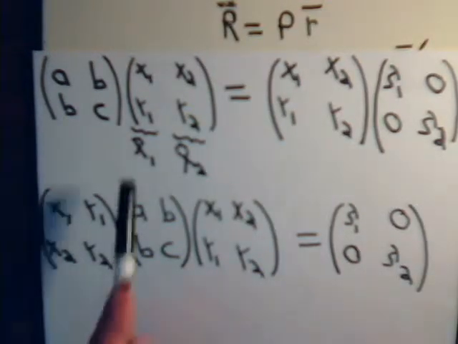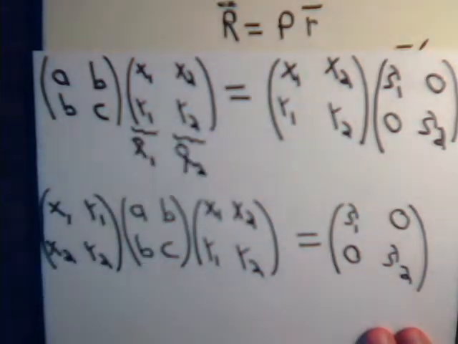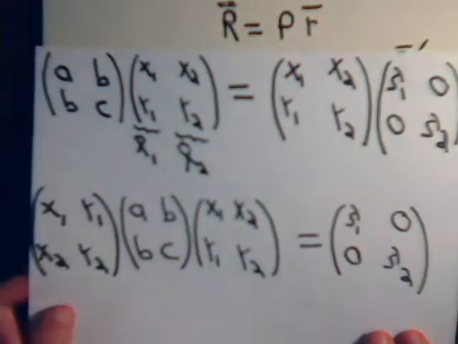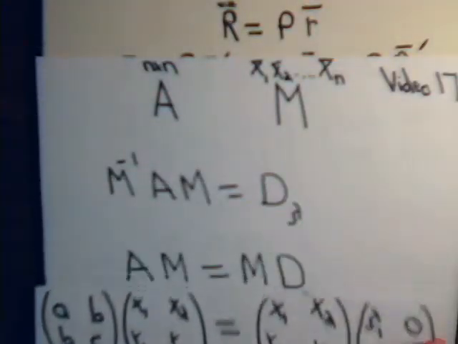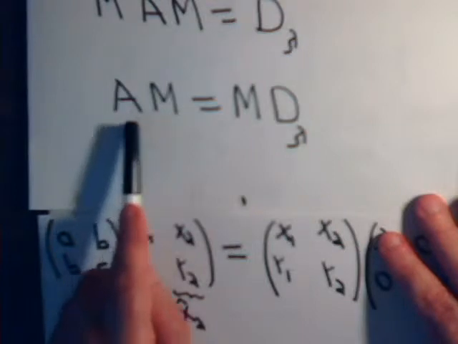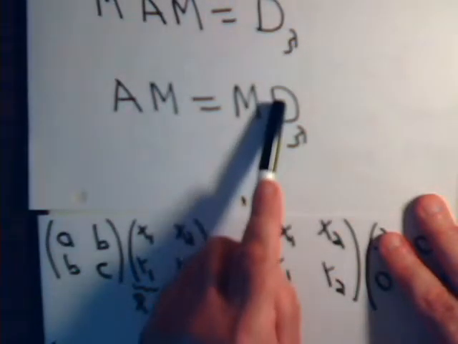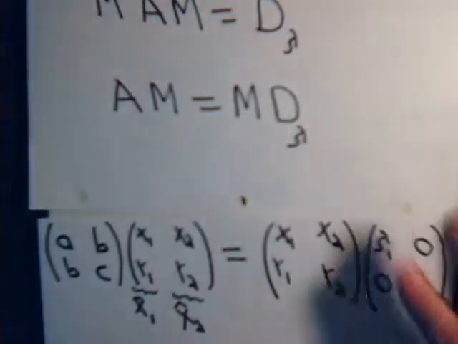And we're forming a model matrix with them. And the equation that we have in general form, that we talked about in a lot of detail in video number 17, is that our matrix A times the model matrix equals the model matrix times the diagonal matrix.